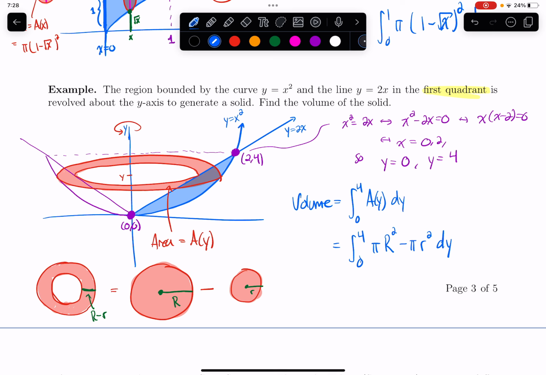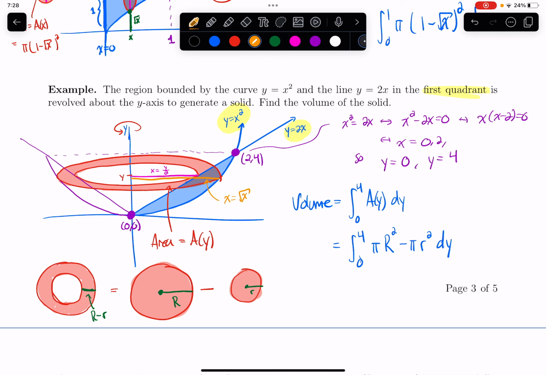But what are those equations? Well, I can just use the actual equations given to me, and I can just solve for the other variable. So, for example, the little radius here, I can think of that as getting to the first line. This is going to be x equals y over 2. And I can think of, we'll put in orange, the radius to the big edge is going to be x equals the square root of y.